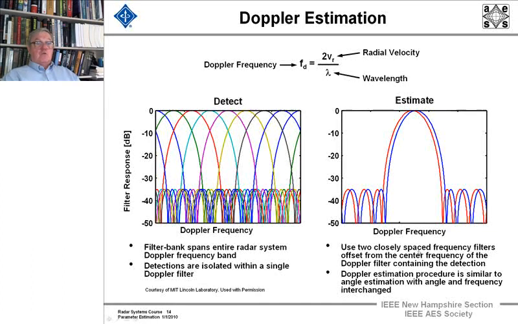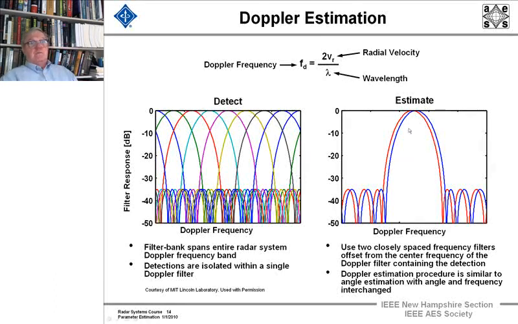We can use two closely spaced filters offset from the center frequency of the Doppler filter containing the detection. The Doppler estimation procedure is similar to angular estimation, with angle and frequency interchanged. So what we can do is see how close they are and what the amplitude is.